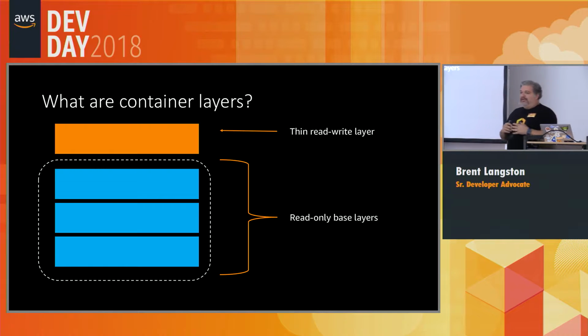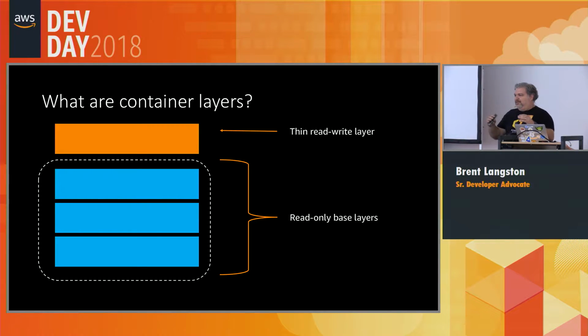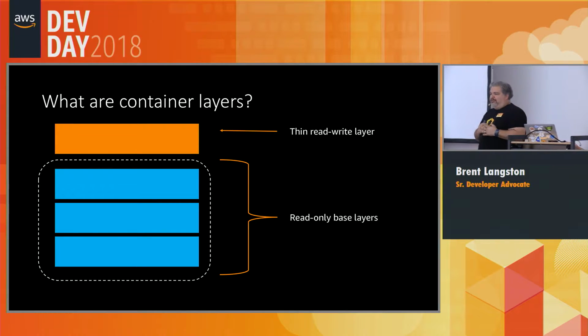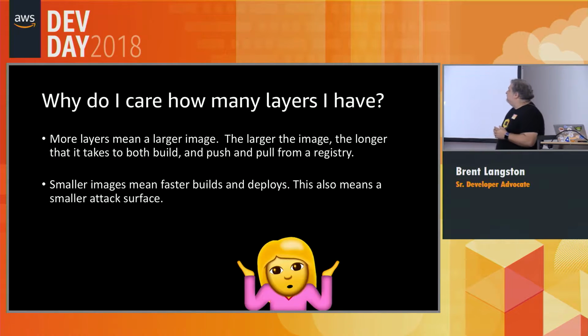So container layers are simply information that is written and then potentially overwritten in a future layer, to the point where we're at the very top, where when we launch our container, we have an ephemeral read-write layer for things that can go on in the container while it's running.